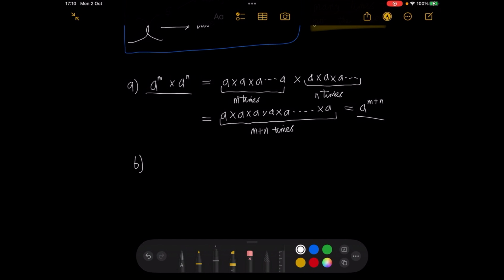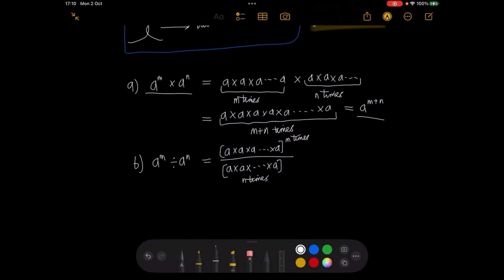So the second law we're going to look at is somewhat similar, but instead of multiplying, we're going to be dividing. We can write this as a fraction, and using the definition above to expand out the a's, we're going to have a times a times a times a, m times on the top, and a similar thing on the bottom, but this is n times.